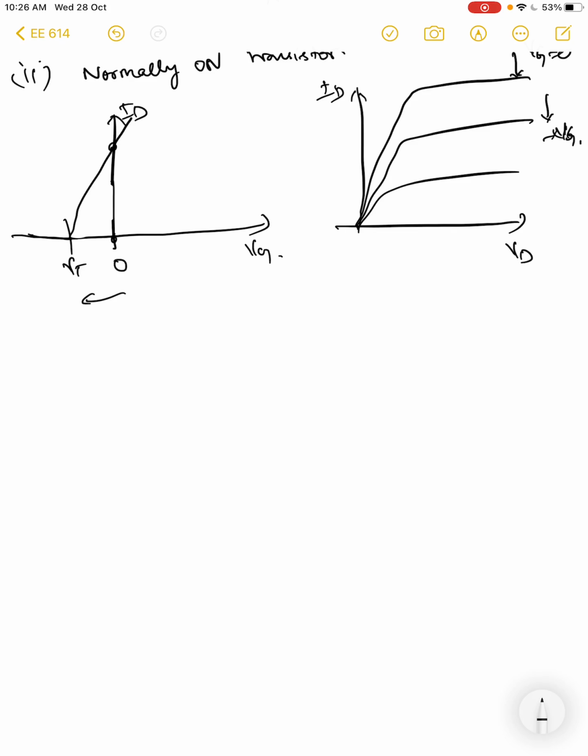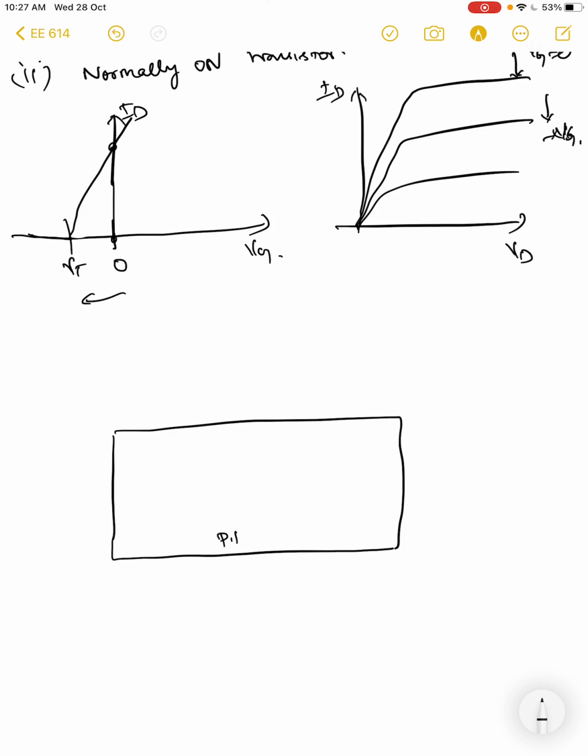As we saw before, this is an architecture for a normally off transistor, which is what is generally used. Let us take an N-type MOSFET. You have a P-type substrate. You have a contact to the substrate, which is called the body. You have a gate insulator.